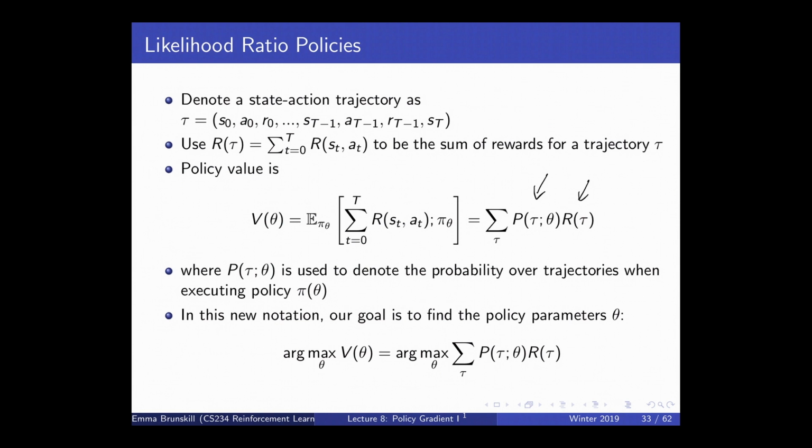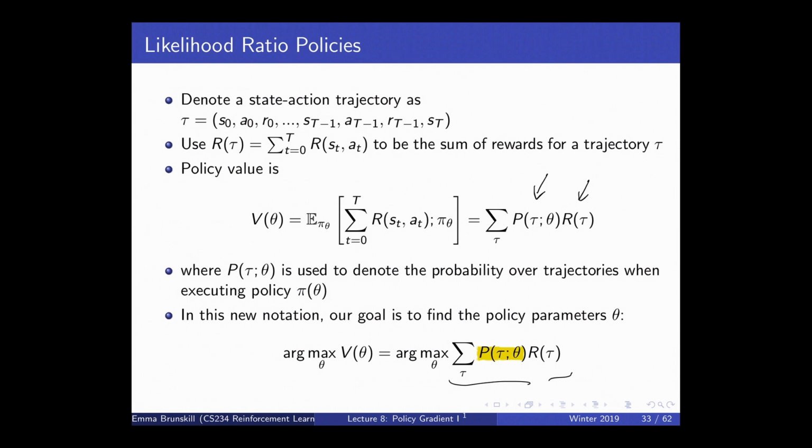the argmax of this. What have we changed here? The change is the fact that we're going to focus on this. Notice that the policy parameters only appear in terms of the distribution of trajectories that we might encounter under this policy.